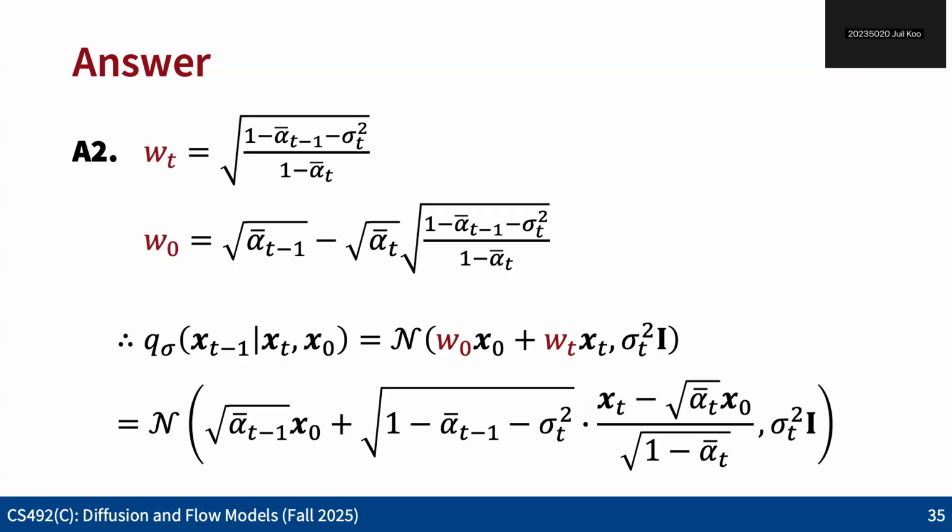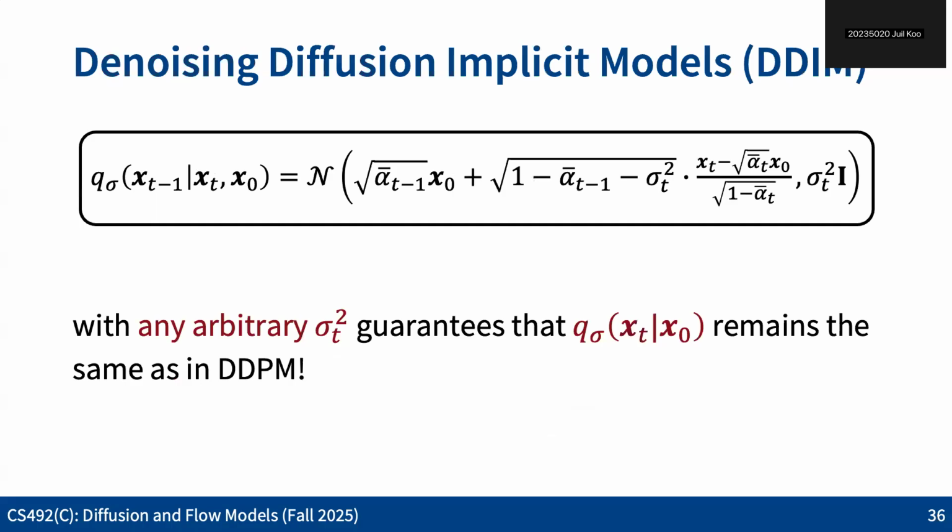So based on this, this is basically the distribution that we are defining. And also, this was the distribution that we need to match with the learned reverse transition distribution, right? Here the thing is that now we don't need to specify this. So for any arbitrary variance here, this is really the key point.